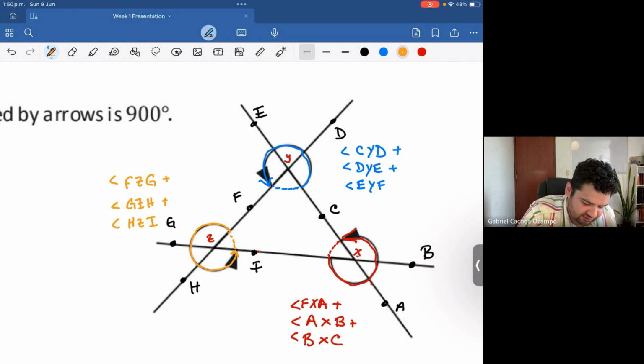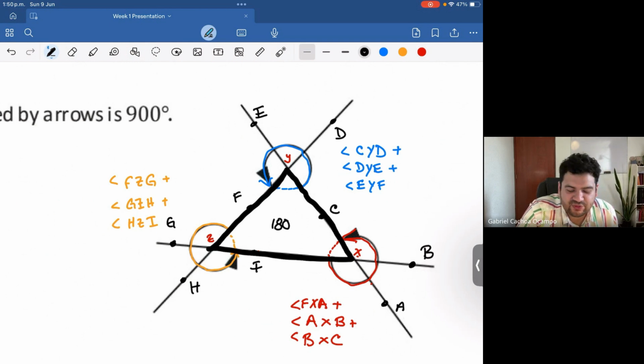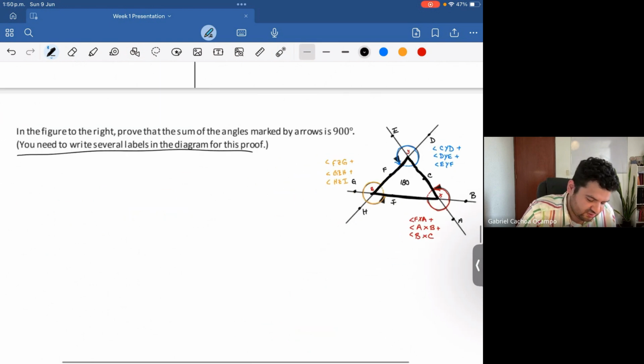So each circle is 360, and we have a triangle that measures 180. So for this problem, we do 360 plus 360 plus 360 minus the interior angle, that is 180, and that will give you 900. Okay, so let us write it down.